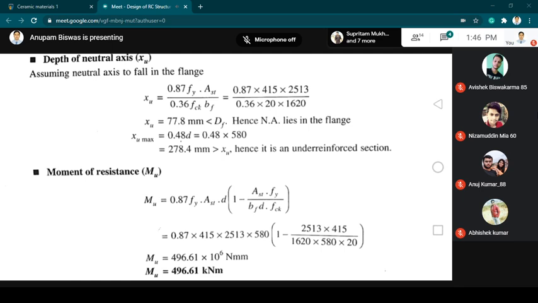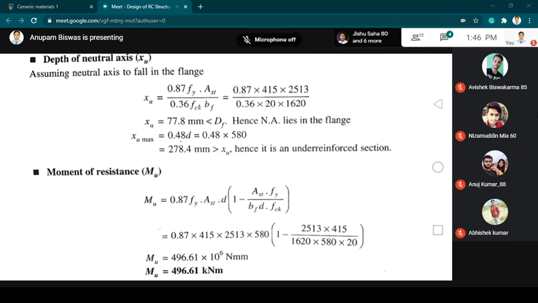So from here we can get the value of xu max. So this xu max is coming 278.4 mm. That is more than the xu, we can say that this is under reinforced.